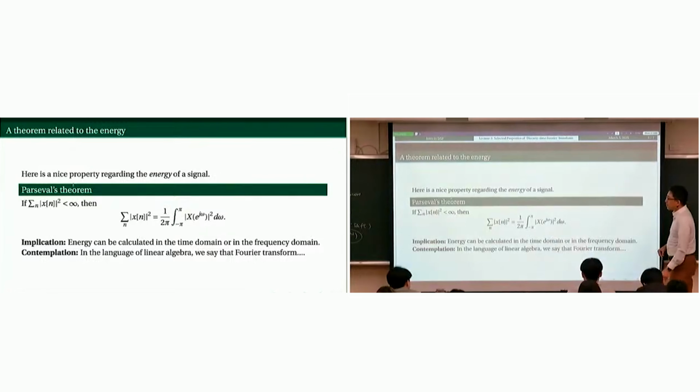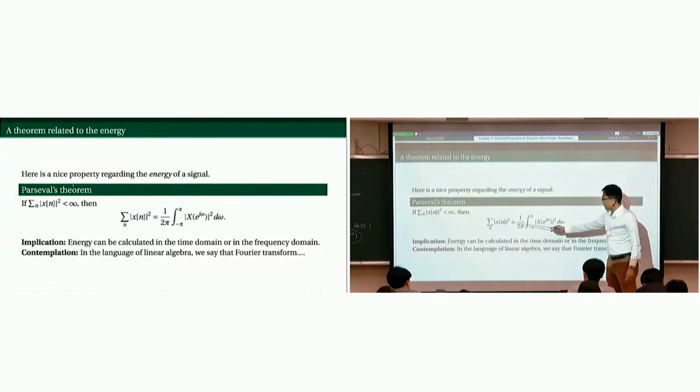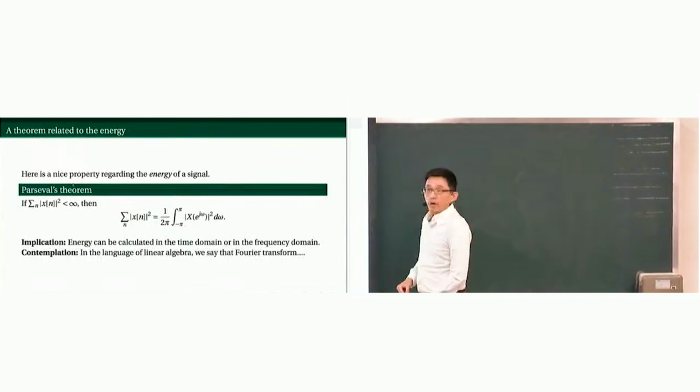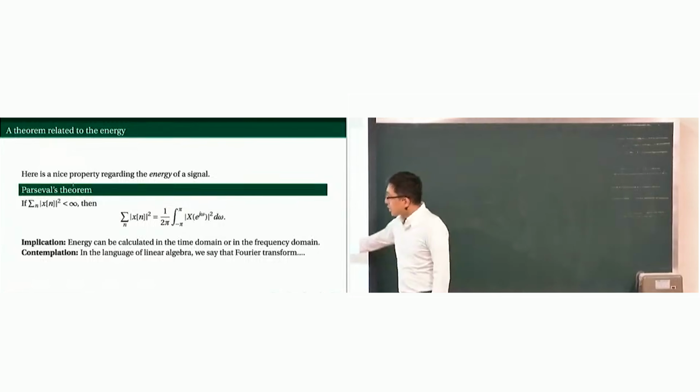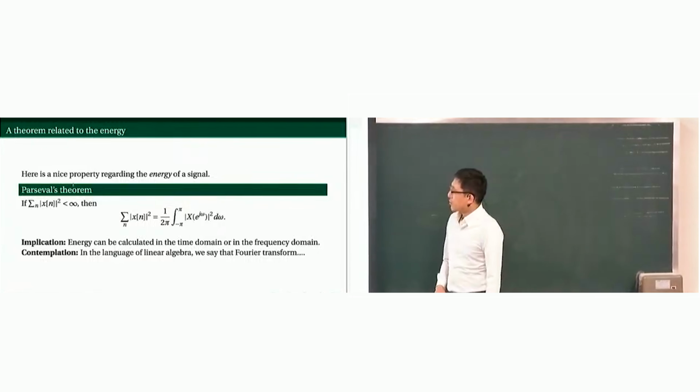If we sum up the square of the absolute value of x in the time domain, the result will be equal to integrating the magnitude spectrum, also squared, in frequency. This is an identity, 是一个恒等式, which will hold for any given signal.